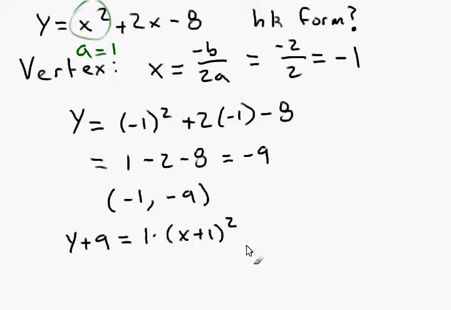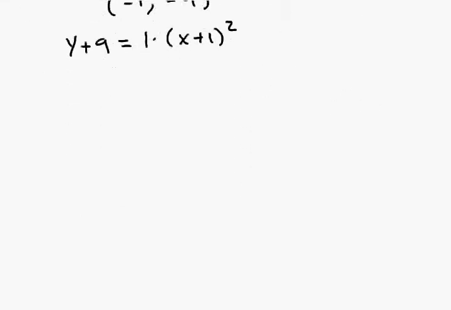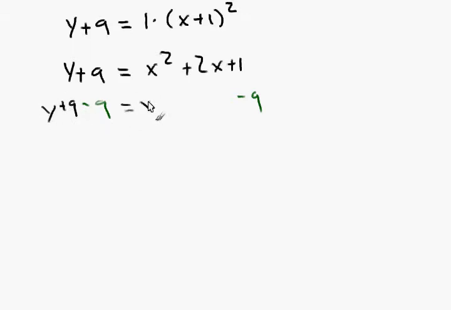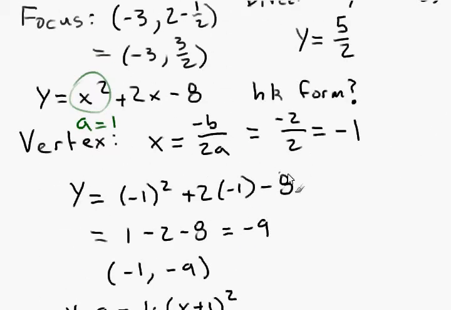And if we expand this, x plus 1 squared is x squared plus 2x plus 1. Subtract 9 from both sides. y is equal to x squared plus 2x minus 8. Hey, look, we did that correctly.